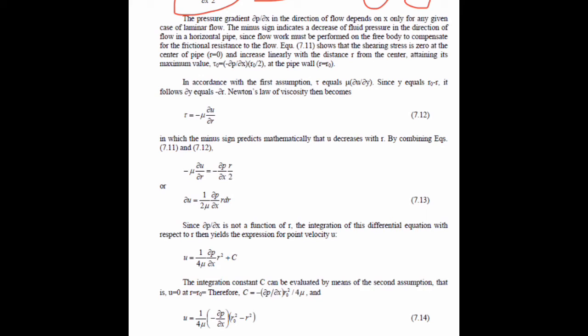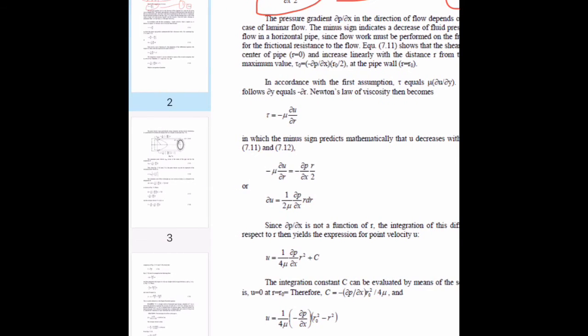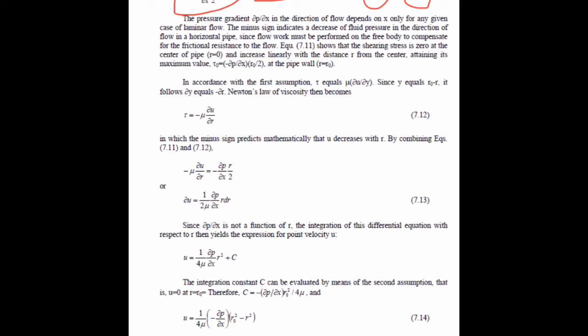Since del p by del x is not a function of r, the integration of this differential equation with respect to r yields an expression for the point velocity u, and u will be given by 1 by 4 mu del p by del x r square plus c. The integration constant c can be evaluated by means of the second assumption that u equal to 0 at r equal to r naught.